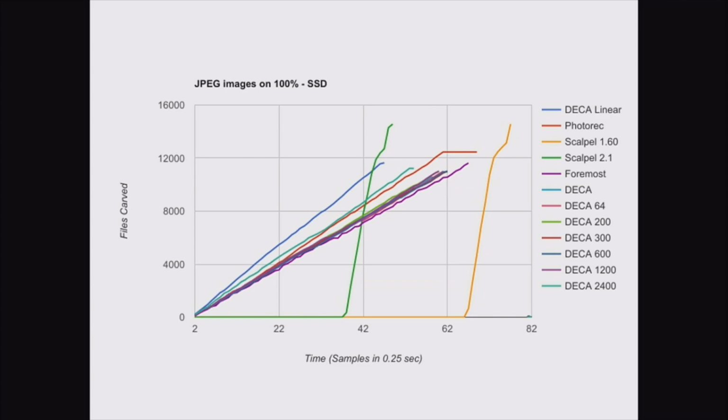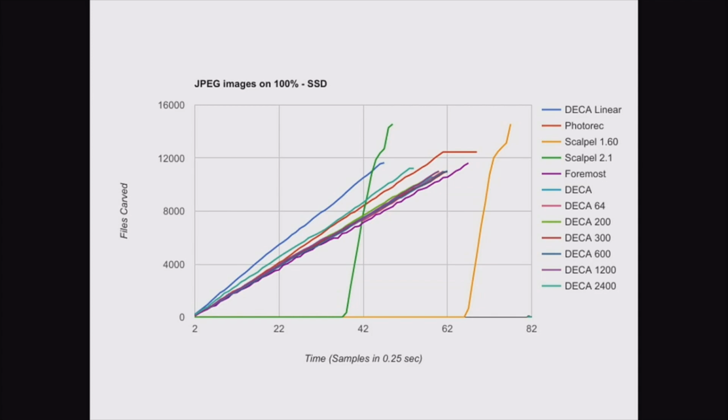Now, if we consider a drive which is 100% filled with target data, then the sequential Carver is obviously optimal because it starts at the beginning and just carves everything out. And as you can see, our Deca Carvers perform on par with Photorec and with Scalpel.